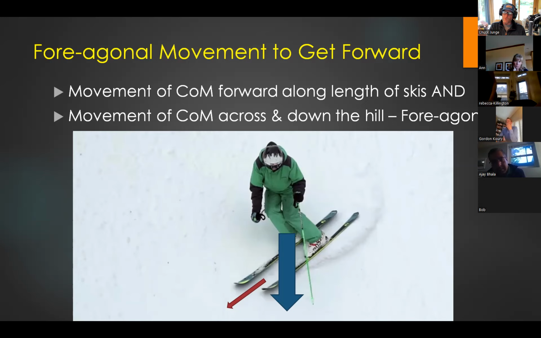The skis are turned more than our body is, and then we release and move. In this case, we're only going to talk about fore-aft movement, but we release and pull the skis, pull our toes, pull our boots backwards. We activate that functional ankle tension and allow ourselves to move down the hill with our upper body. Cool.